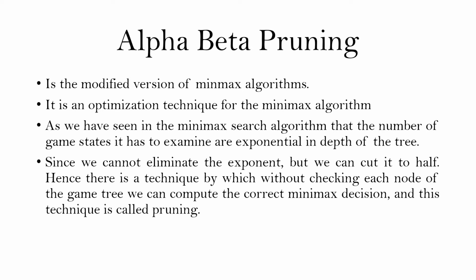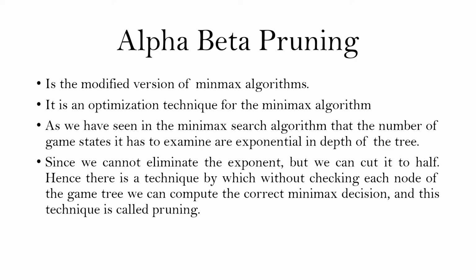Alpha beta pruning is the modified version of the Minimax algorithm. It is an optimization technique for the Minimax algorithm. The Minimax search algorithm generates a number of branches, and that number is exponential.